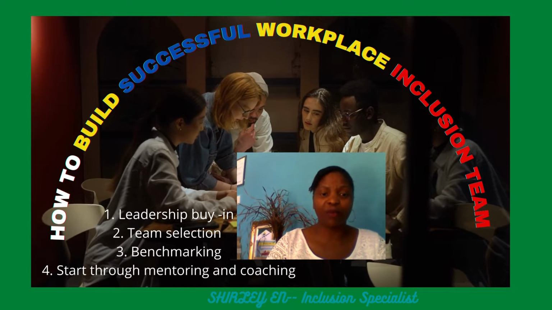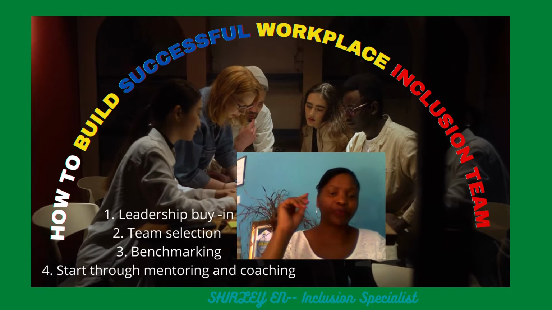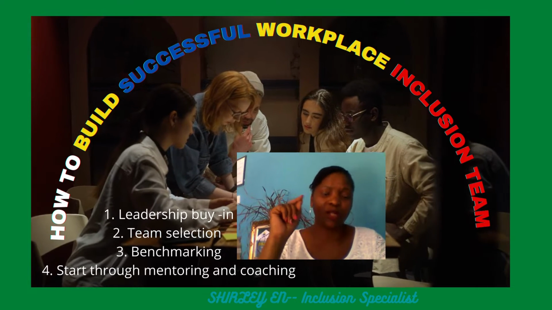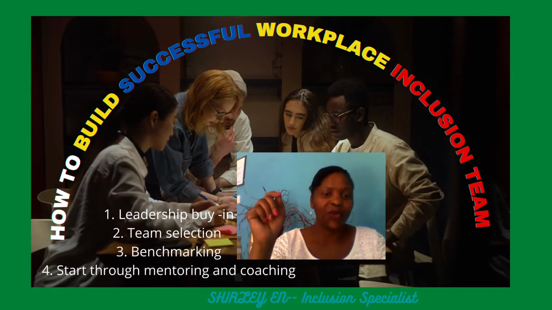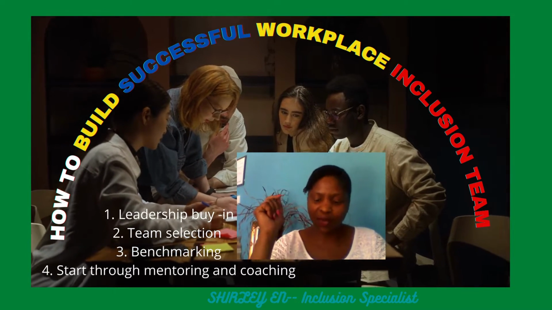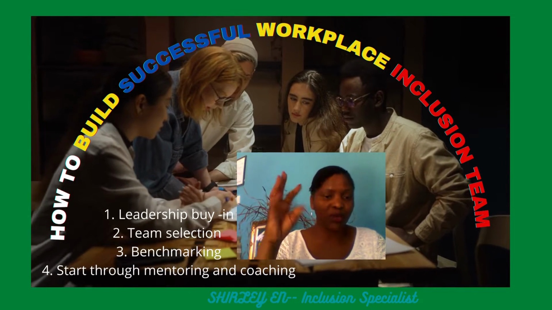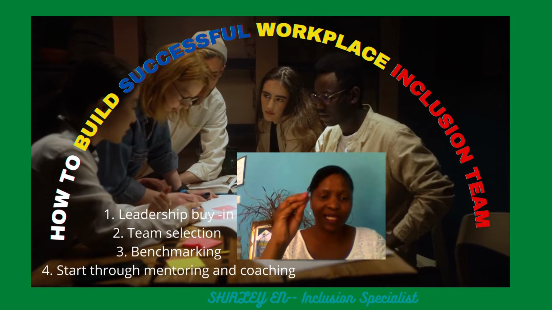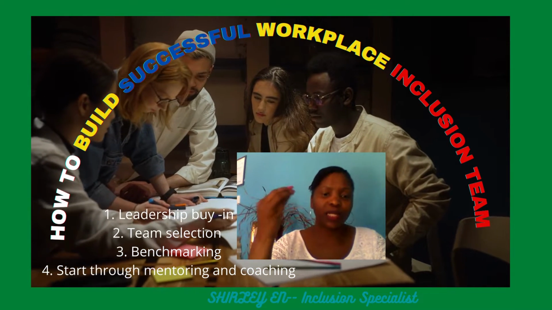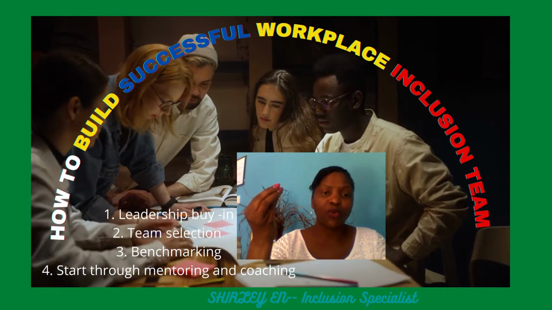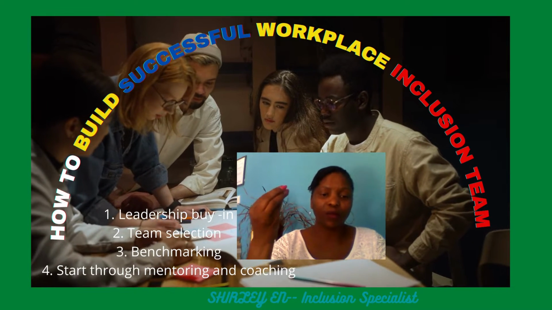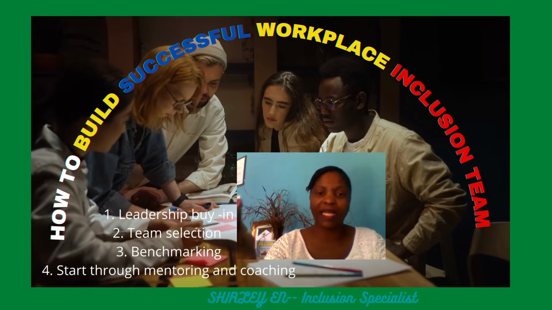Often, I was the one who had to face these people and tell them that you need this kind of setup. So the first stage that you need to do as an inclusion officer, once you step in, is to see the management or the leadership of the organization, and then you build what you call leadership buy-in.